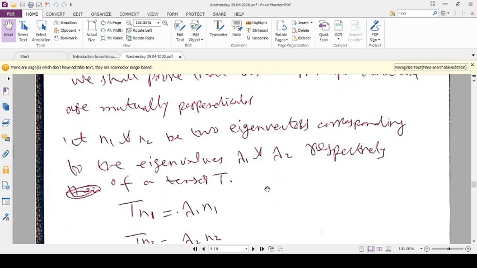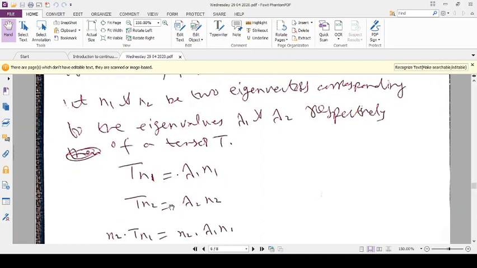Suppose that we have 2 eigenvectors n1 and n2 corresponding to the eigenvalues lambda 1 and lambda 2 respectively. You can write Tn1 equals lambda 1 n1 and Tn2 equals lambda 2 n2. This is for eigenvector n1 with eigenvalue lambda 1, and this is for eigenvector n2 with eigenvalue lambda 2.